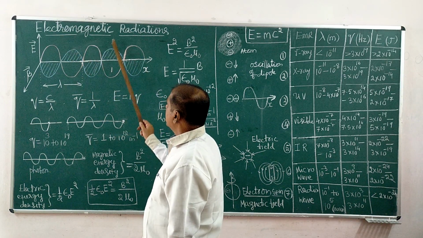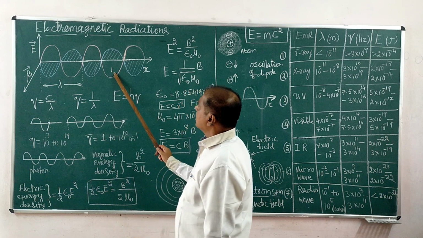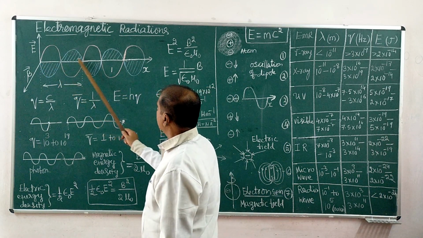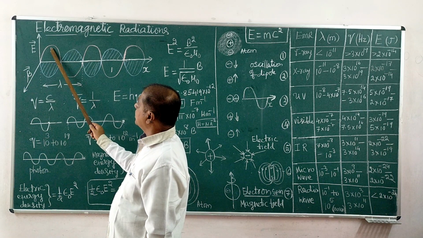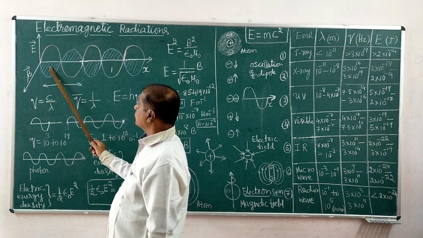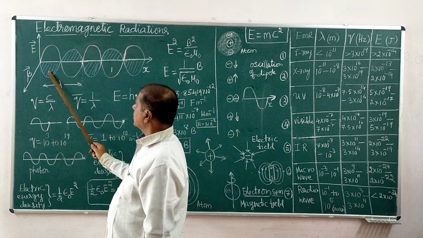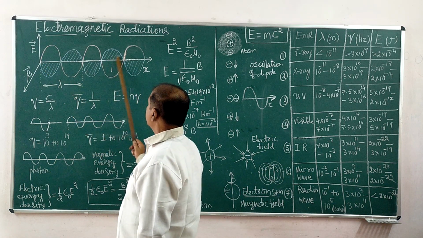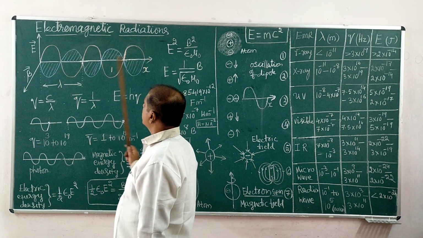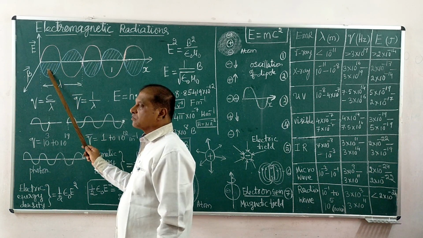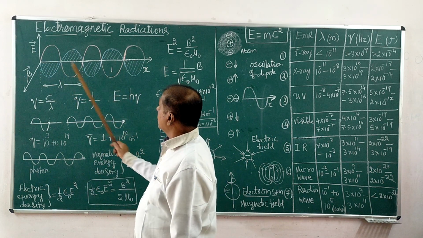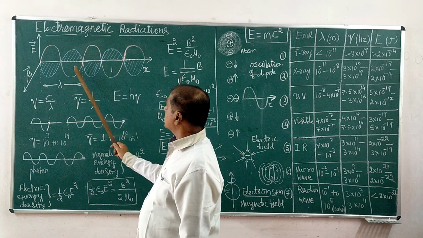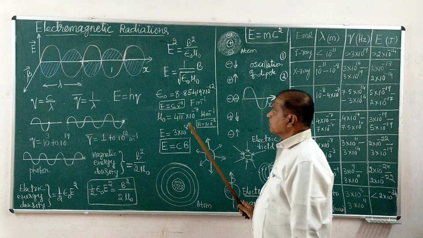It is the propagation of the electric field and magnetic field in the direction perpendicular to the oscillation of the electric field and the oscillation of the magnetic field. These two are perpendicular, and the direction of propagation is perpendicular to both the electric field and magnetic field. That is a three-dimensional space. That is called electromagnetic radiation traveling at the speed of light.